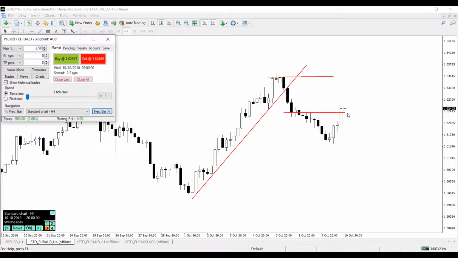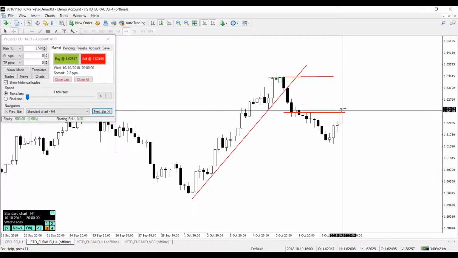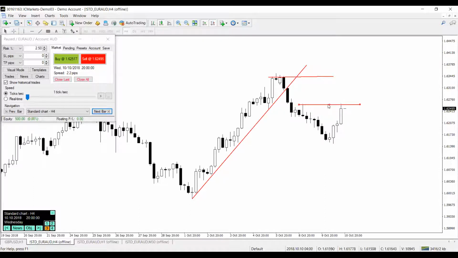Okay, so let me ask something. This is good analysis. Now, we don't need to keep this line here just because we've put it here. We can say, right, now we can see prices start to reject this area. Yeah. Okay, but it doesn't mean we have a sell yet.